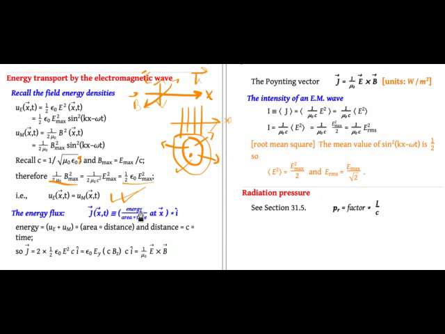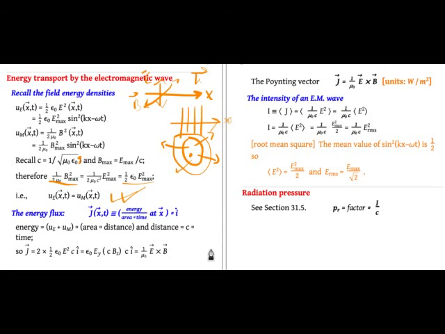Now this energy numerator here is the energy density, which is the electric field energy plus the magnetic field energy, times the area times the distance. This is energy per unit volume. Volume is area times distance. So this is the amount of energy in a little portion of the wave.